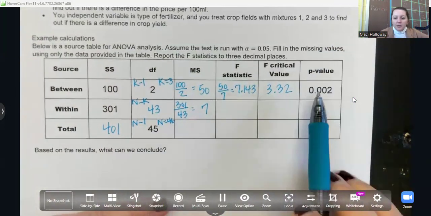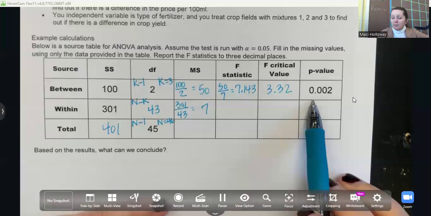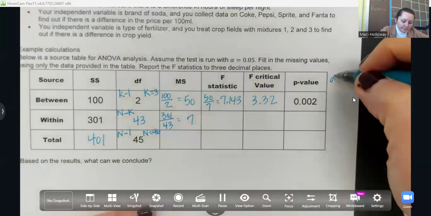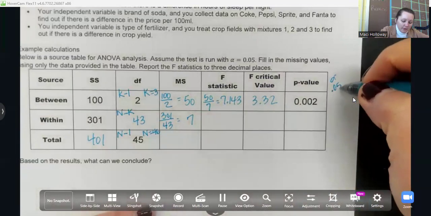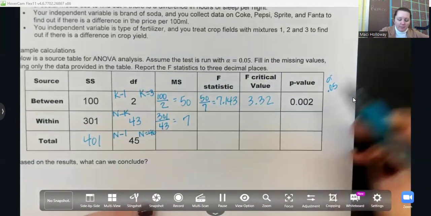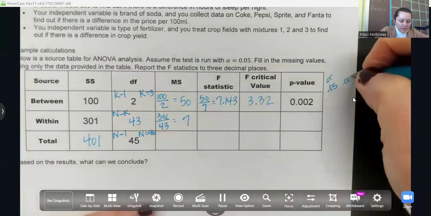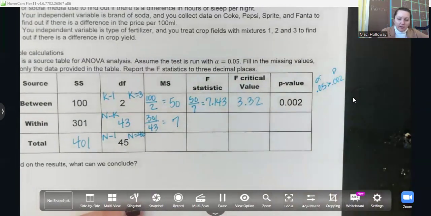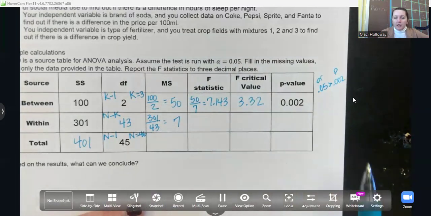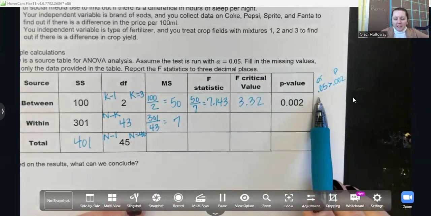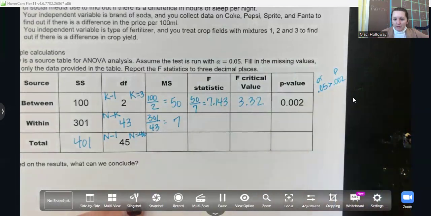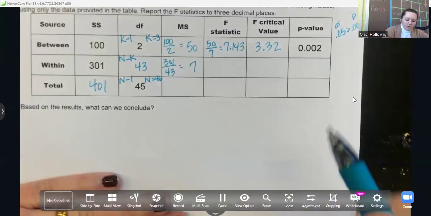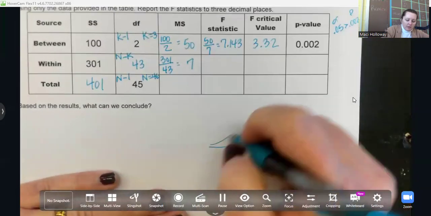Now, it helps that they gave us the p-value, because we know that our alpha level was 0.05. And if they gave us a p-value of 0.002, our p-value is less than our alpha level. So we know that we should be in the reject region, but let's do our distribution just to make sure.